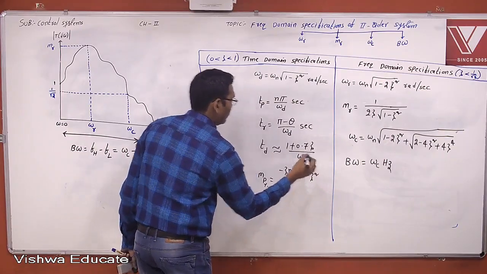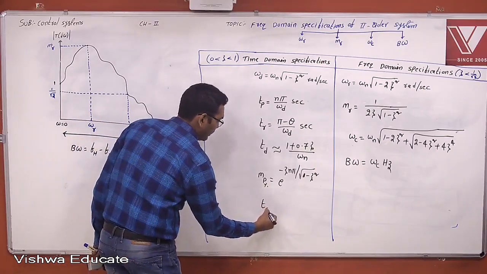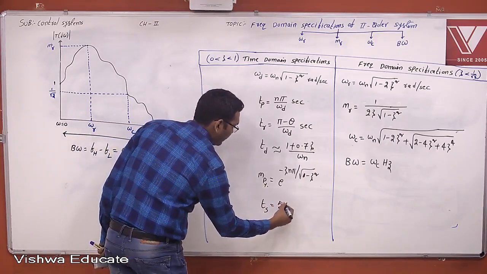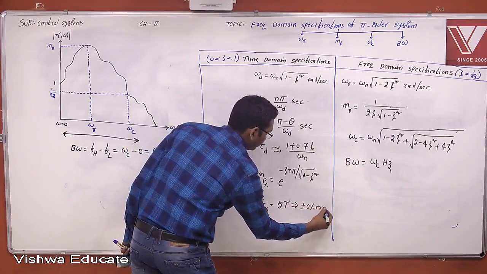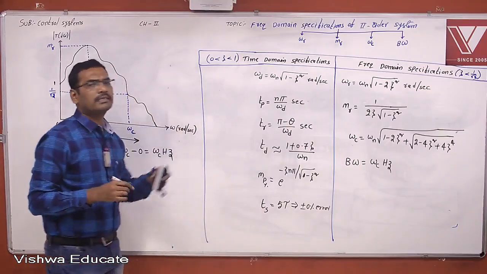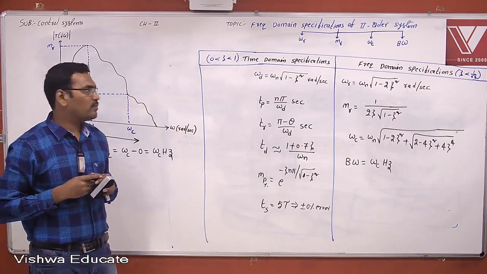These are a few of the specifications, and the settling time is equal to 5 time constants for 0% error. So these are the list of time domain specifications versus frequency domain specifications.